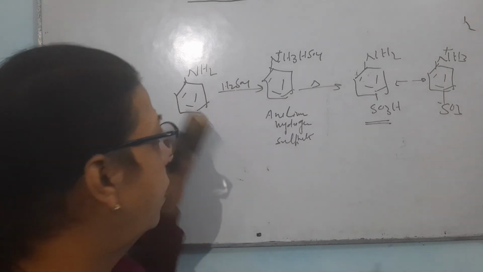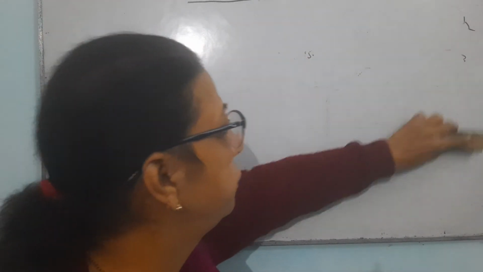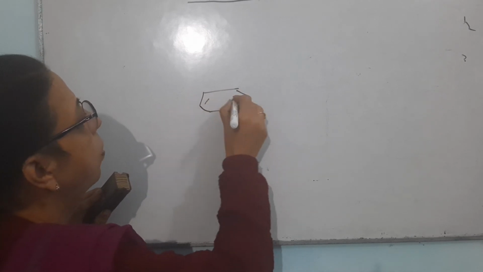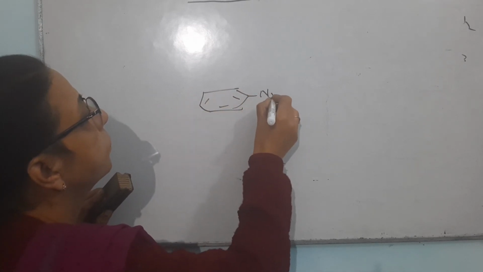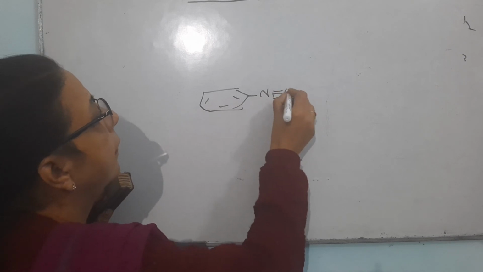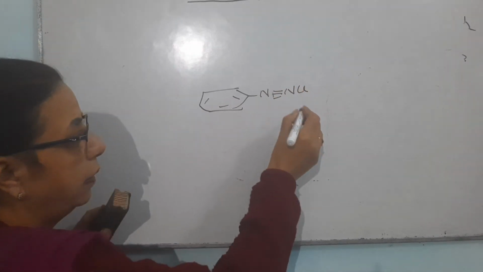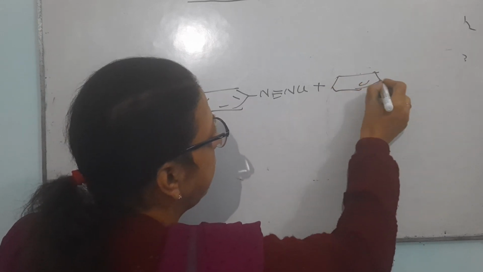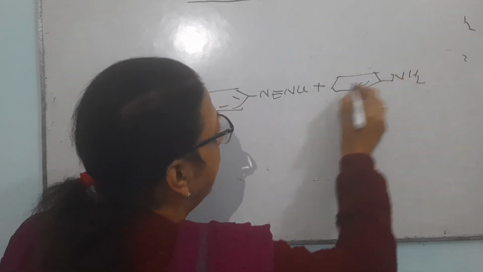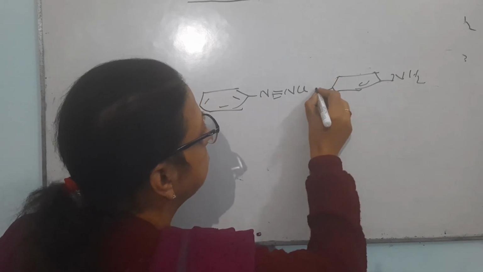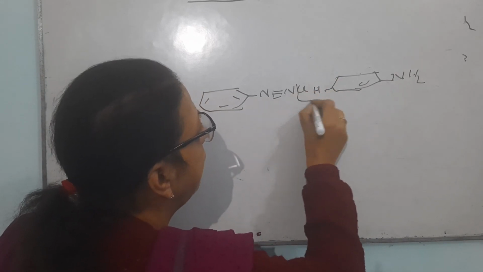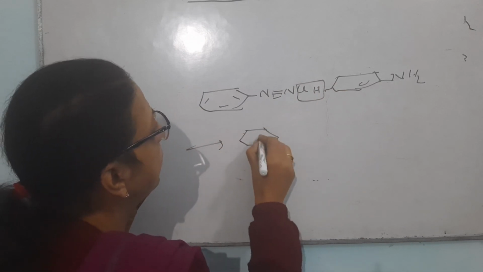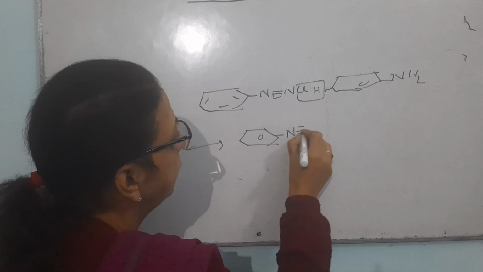If the reaction of benzene diazonium salt, N triple bond N, Cl plus, with aniline takes place, there will be removal of HCl and there will be formation of a yellow dye.